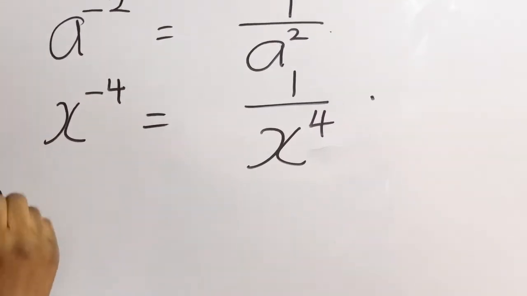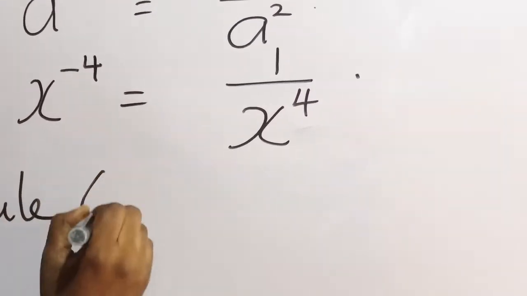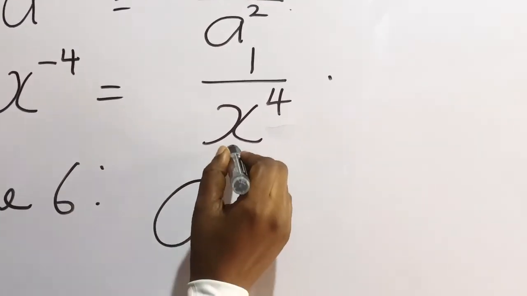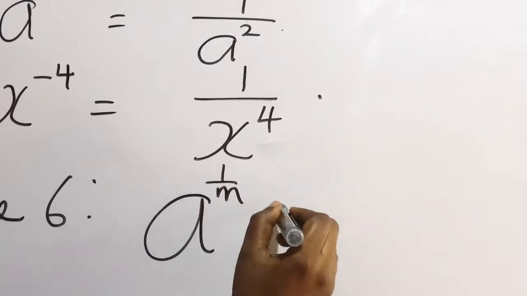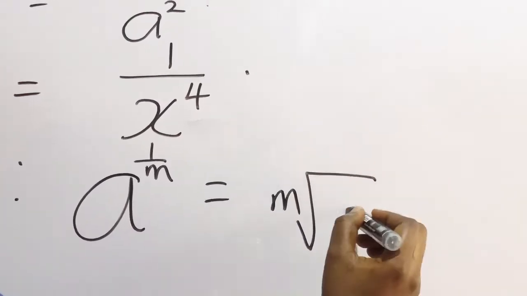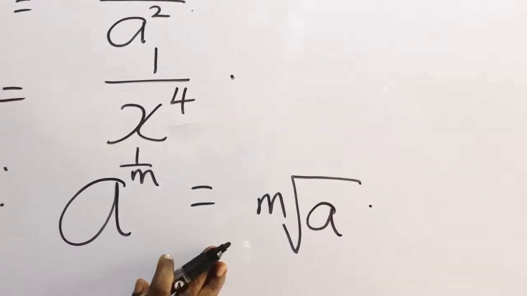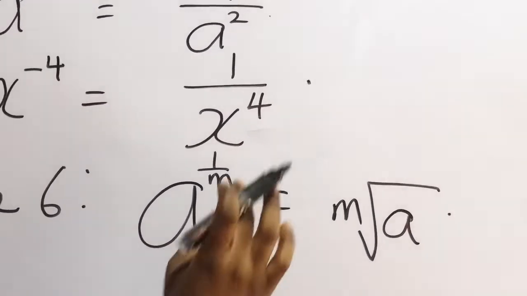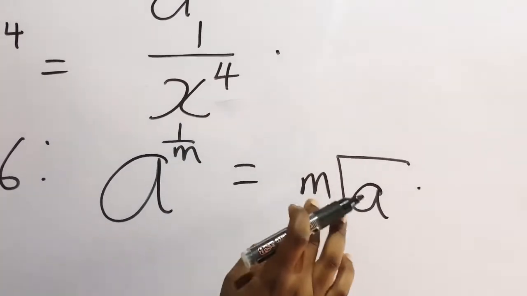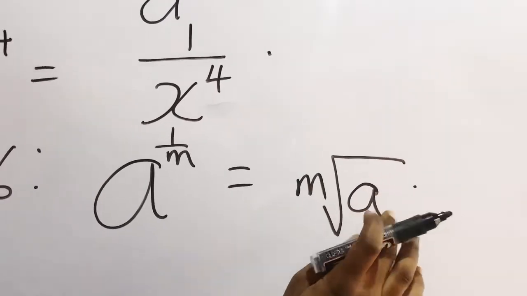Now, another rule, rule 6: a raised to the power of 1 over m will be equal to the m-th root of a. So, a raised to the power of the reciprocal of the power will be the root of that a.